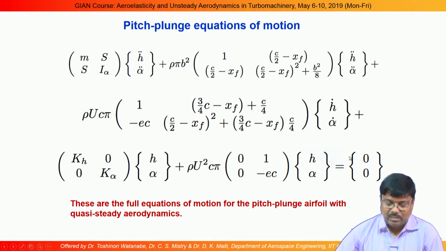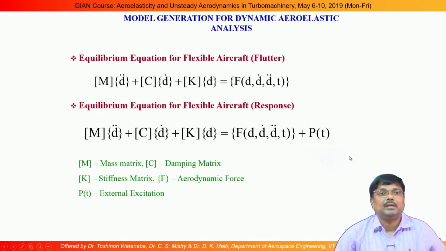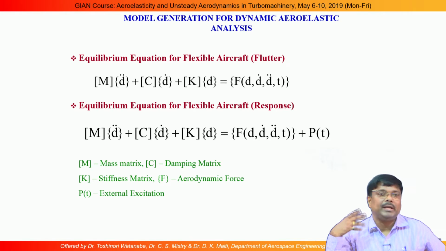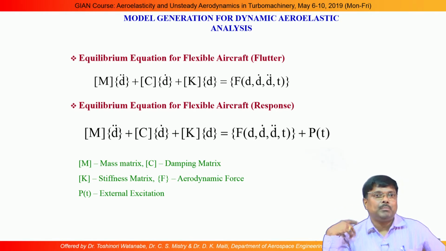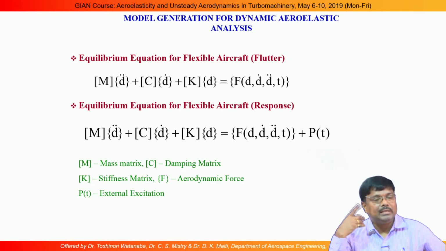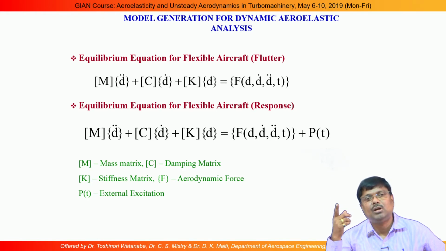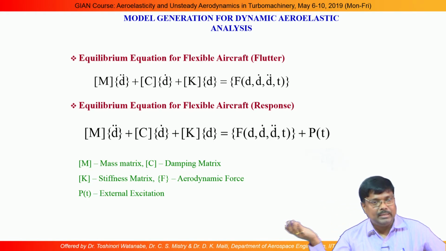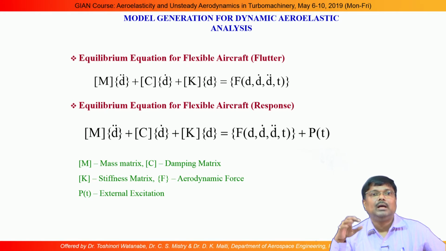These are the values we are getting here. So, in matrix form I can write M, the mass matrix, into d double dot, where I define d as the displacement vector, plus C, the damping matrix, into d dot, plus K, the stiffness matrix, into d. The right hand side is the aerodynamic force, which can be a function of displacement, velocity and acceleration.